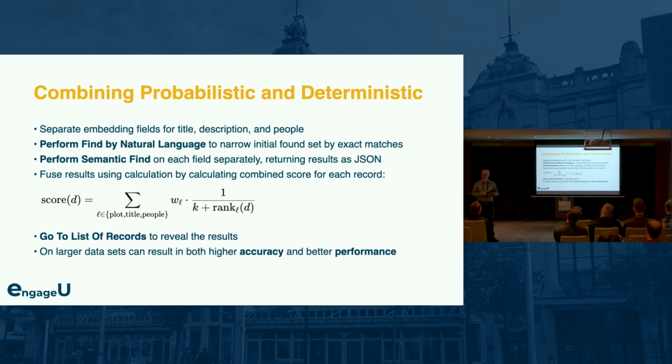And the next thing is you can actually combine the probabilistic AI functionalities with the deterministic functionality of the FileMaker database. And by doing so, you can get a lot higher accuracy without compromising the performance too much. So for instance, I mentioned that I had to combine all the different fields into a single text field to generate one embedding.